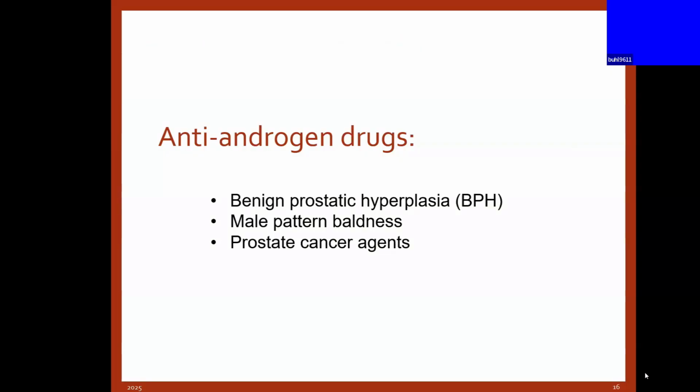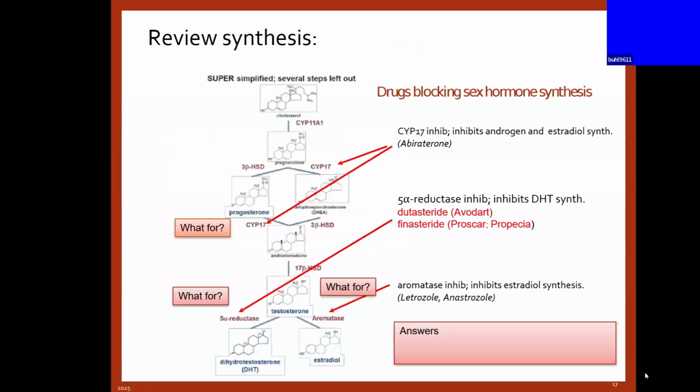The anti-androgen agents, you've probably already figured out most of them from our synthesis. We've got agents that inhibit all androgen and estradiol synthesis. We've got agents that inhibit only DHT. Why would you give a 5-alpha reductase inhibitor? Male pattern baldness and prostate enlargement.